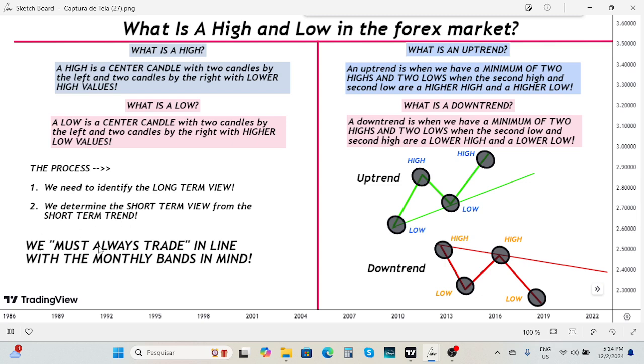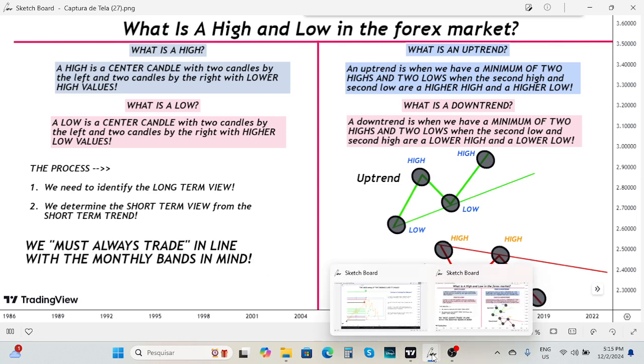We must always trade in the direction of the monthly bands in our heart. I was meant to put heart, not mind, but it's all right.